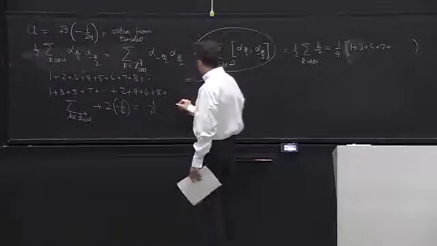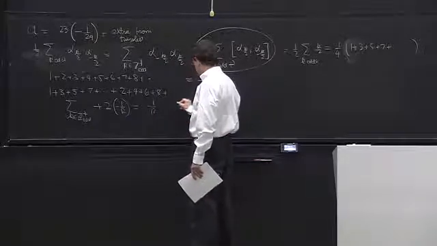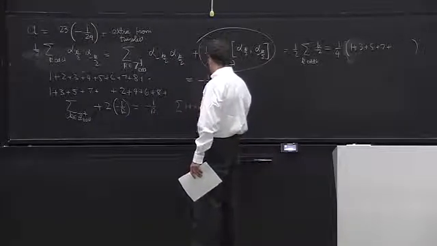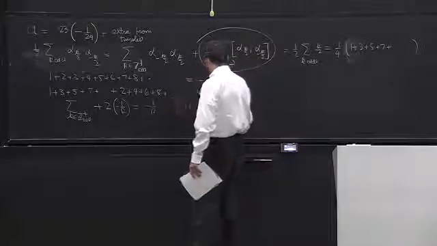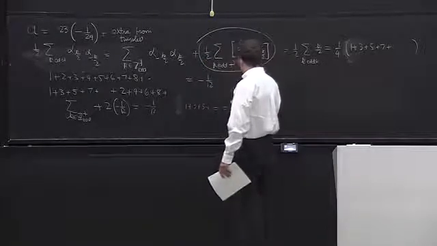So the sum of all odds, 1 plus 3 plus 5 plus, is equal to plus 1/12.